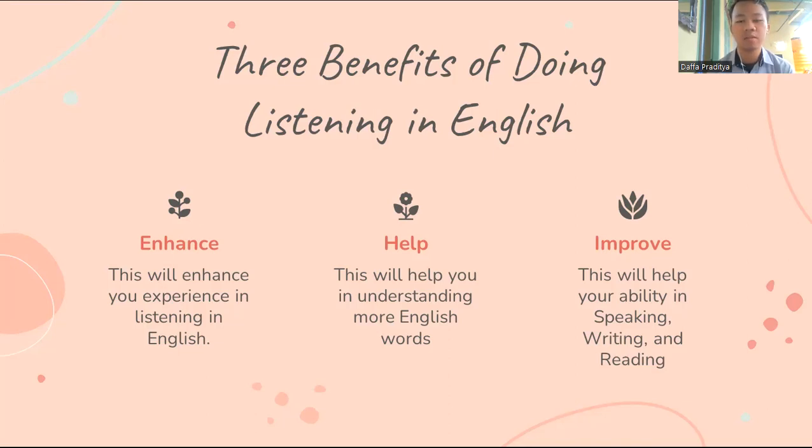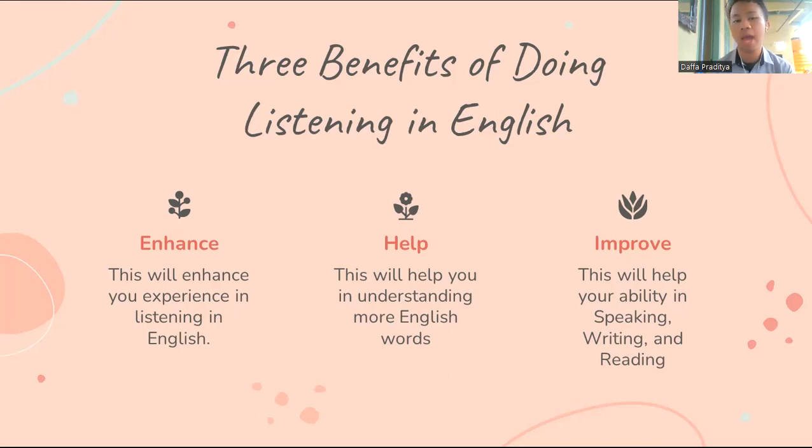And then the second is help. Help in this context means helping you understand more English words, because listening is one of the ways to improve and enhance your English skills.